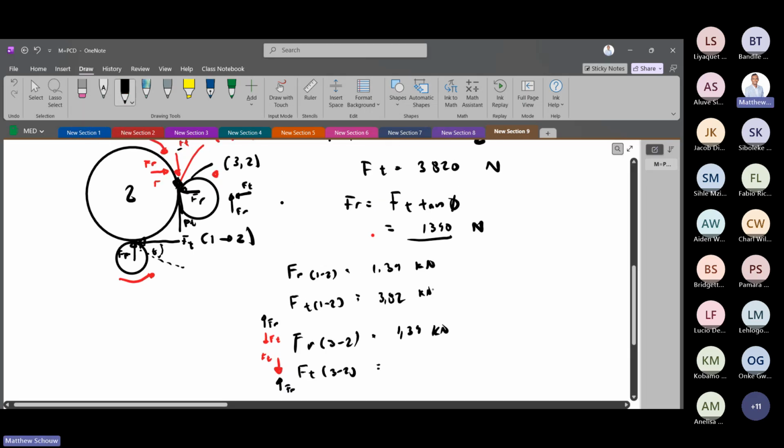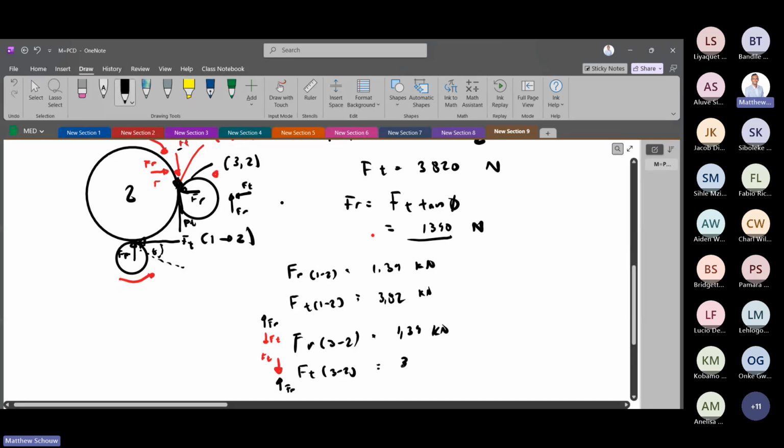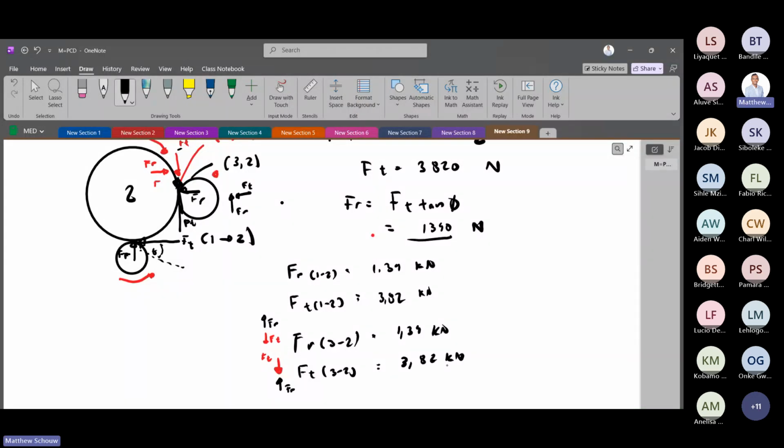Am I right? And the one going up, the black one, is 3.82 kilonewton. Cool. Is it my FT 3.82?